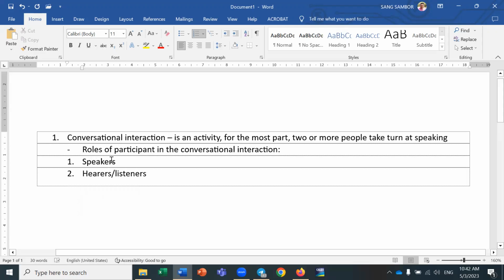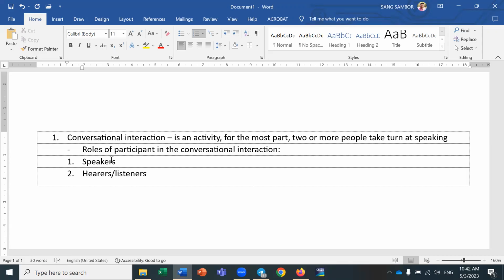So people who are taking part in this conversational interaction are taking their roles carefully as the participant. They take their roles as the speakers and as the hearers or the listener.